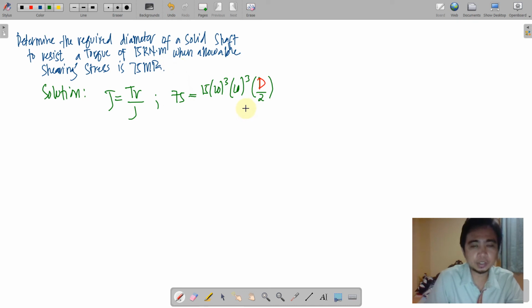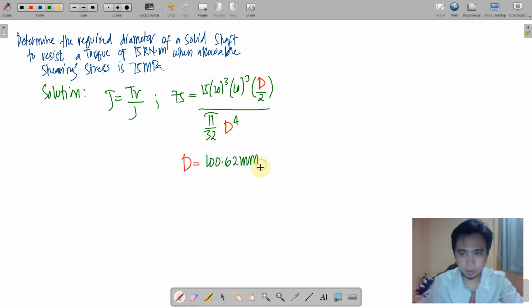Radius here shall be in terms of the diameter, all over pi all over 32 times d raised to 4. As we can see, in the equation, we have a single unknown, that is d, so we can compute that right away. We have equivalent to 100.62 millimeters for this diameter. Okay, so that is a minute problem.